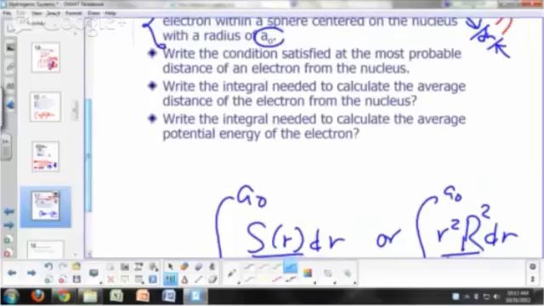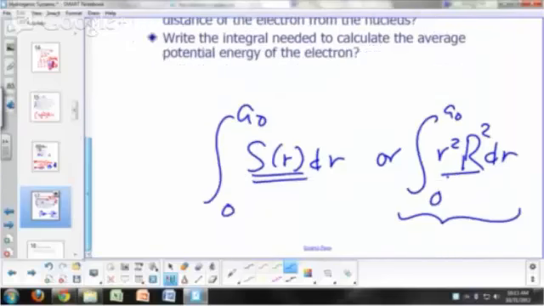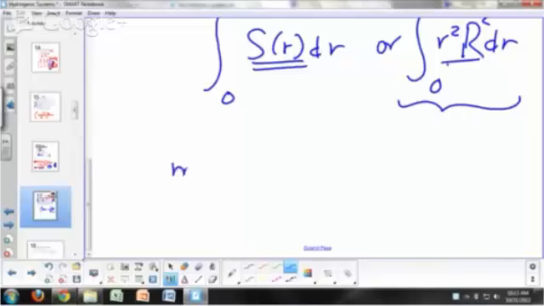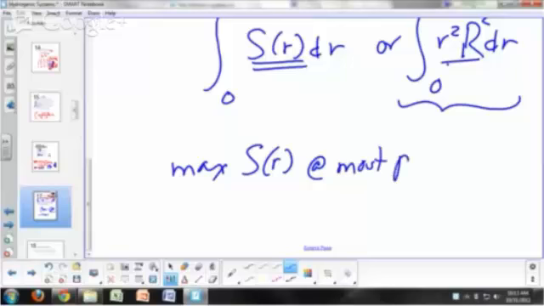What's the condition that's satisfied at the most probable distance? The most probable distance, your maximum S, right? At R most probable, what's the condition that's satisfied there?